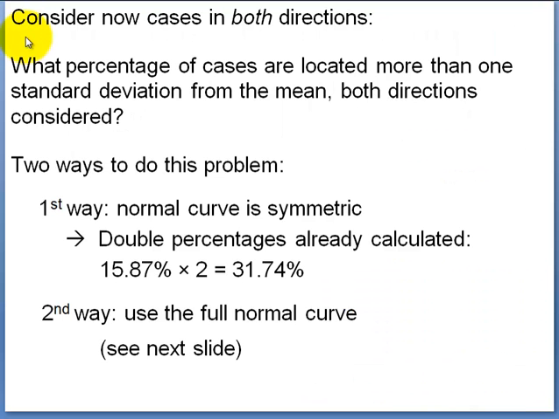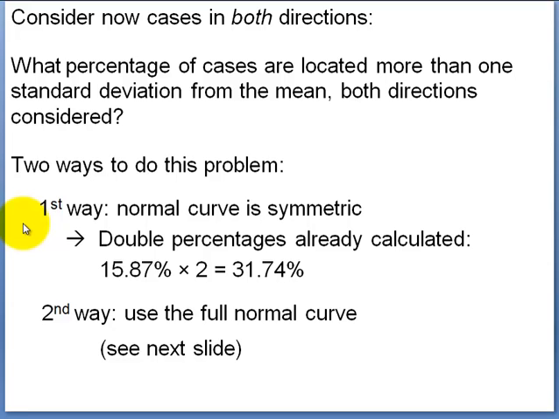Let's shift our perspective back to both directions again. What percentage of cases are located more than one standard deviation from the mean, both directions considered? There are two ways you could carry out this problem. One is that we just calculated that 15.87% of cases are located more than one standard deviation above the mean.